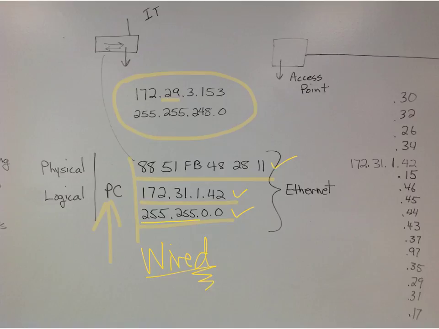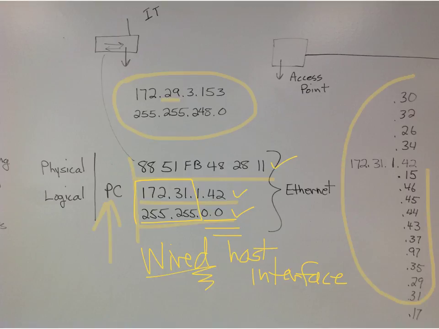By the way, the subnet mask is saying this part of the address is the network, and this part is the host, or sometimes referred to as interface.